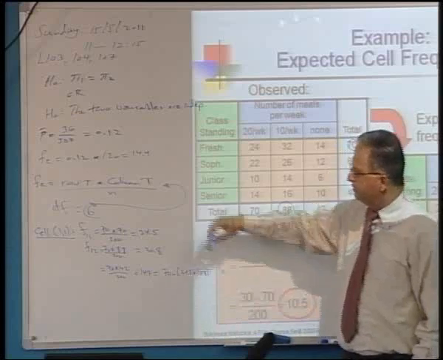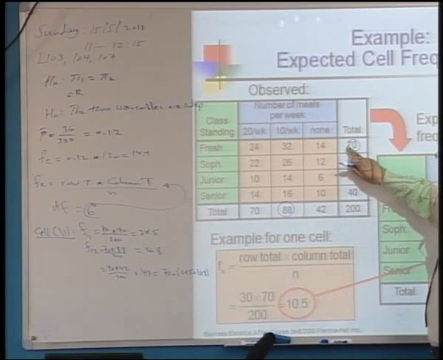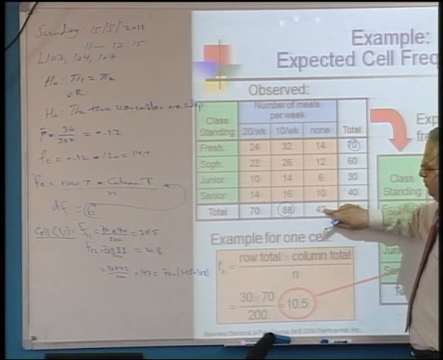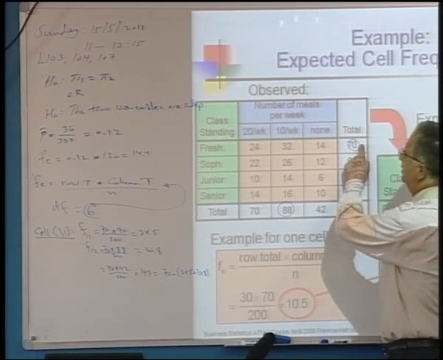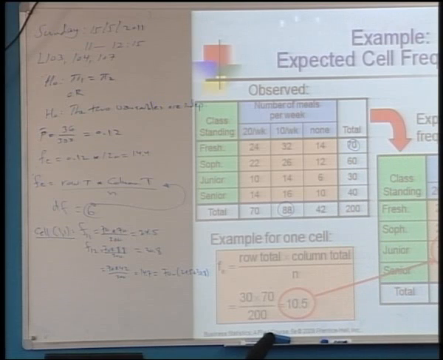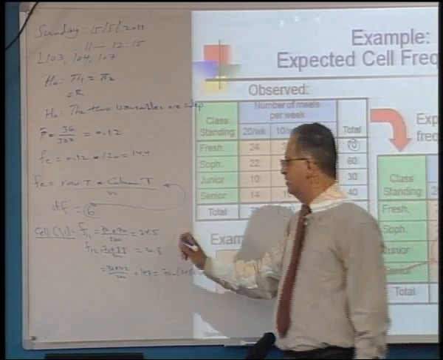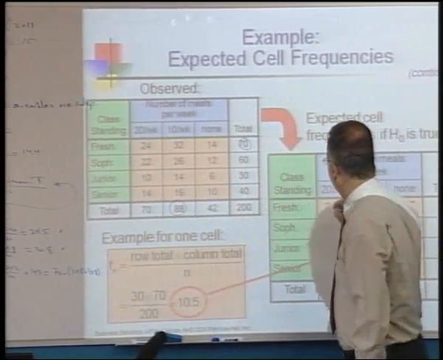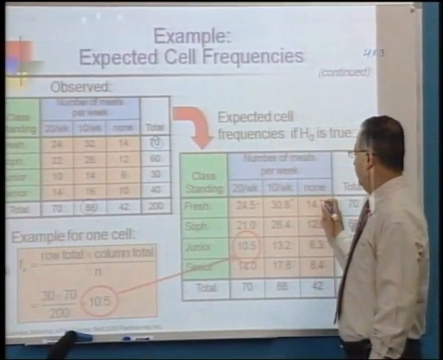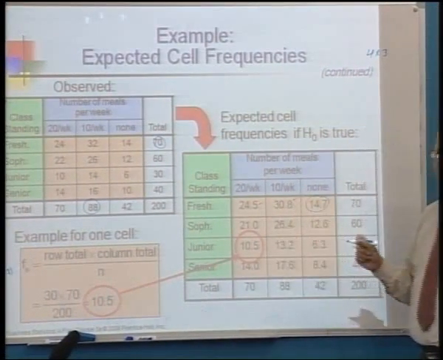Either you use 70 multiplied by 42 divided by 200, or just the complement, and you will get the same value. So I just compute the expected cell for 1 and 2, and the third one is just the complement.